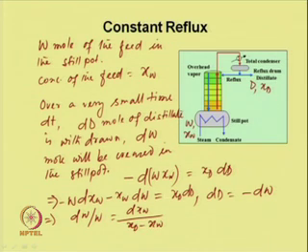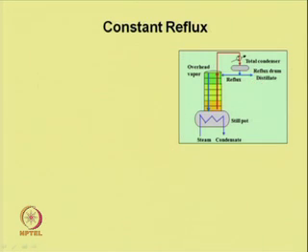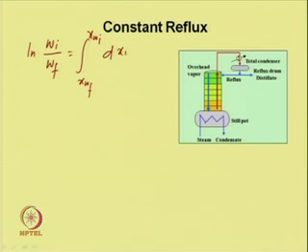If we integrate over the concentration range from the initial to the final, we would be able to get ln W I by W f, where f is the final, equal to the integral from x w f to x w I of dx w divided by x d minus x w.